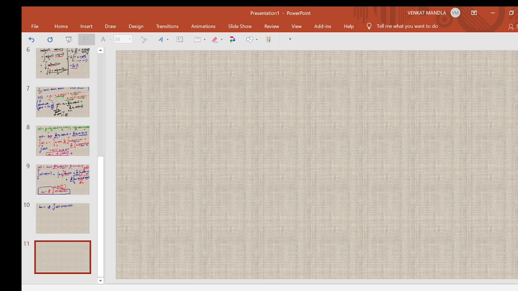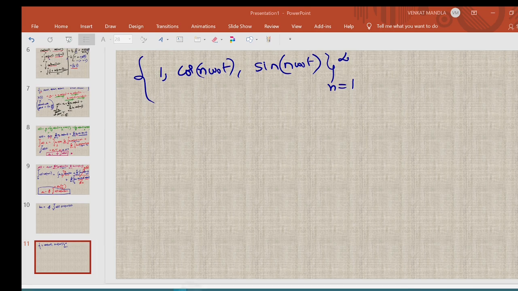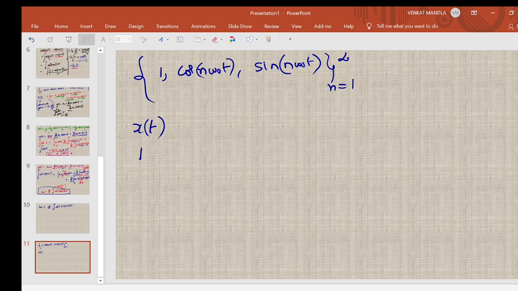That's it. I will write down all the formulae. Suppose I have an orthogonal signal space, that is 1, cos n omega naught t, sin n omega naught t, where n is ranging from 1 to infinity. Then I can represent any signal x of t with a period capital T, that is 2 pi by omega naught.